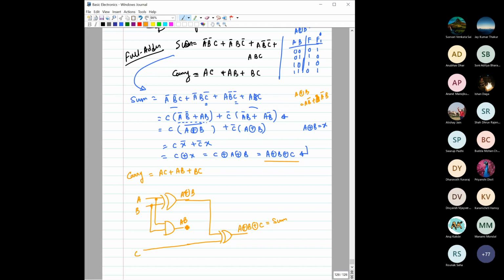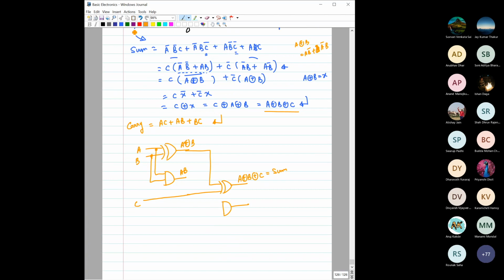And till here we have AB, right? And the carry is this, right? Here we have one more AND gate. We do not know what is the input of this AND gate, right? We have an AND gate only, and probably we will use at most one more OR gate to get the output.